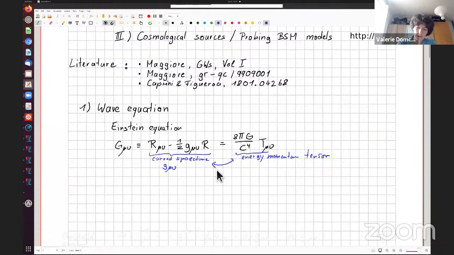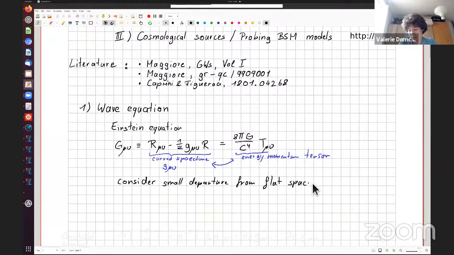Now, when we study gravitational waves, we want to consider a small departure from flat space-time. And then we want to compute what the left-hand side of this equation is.